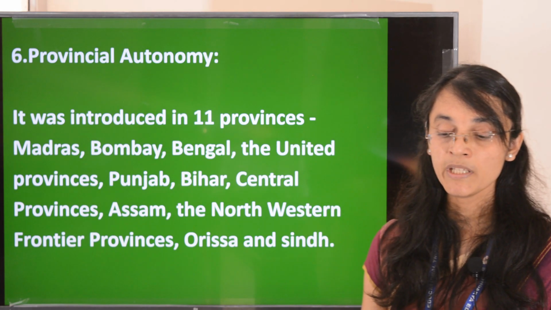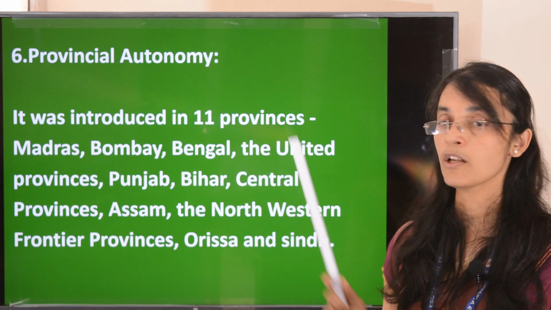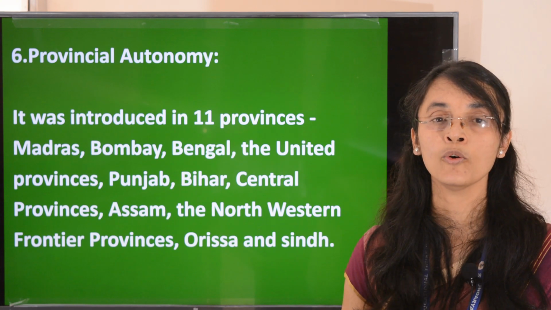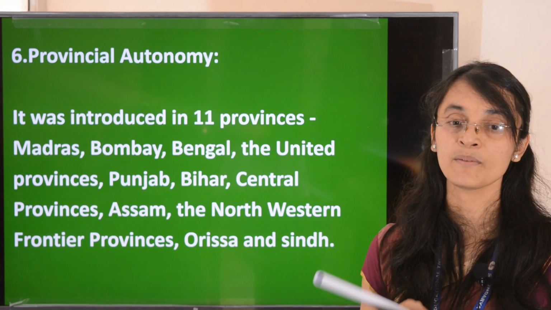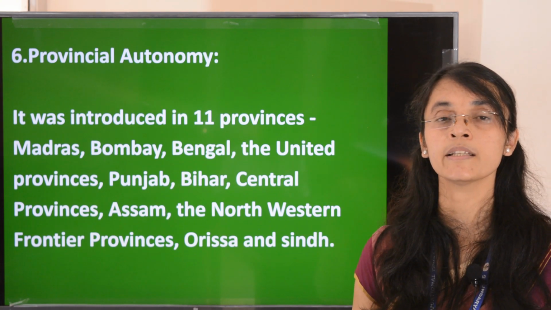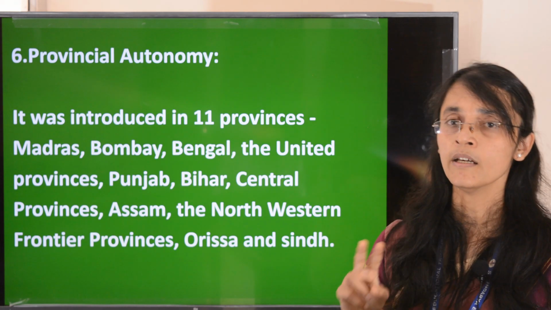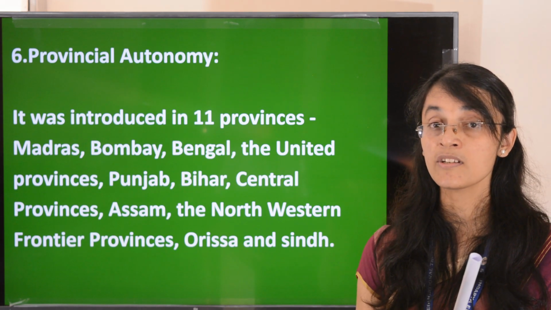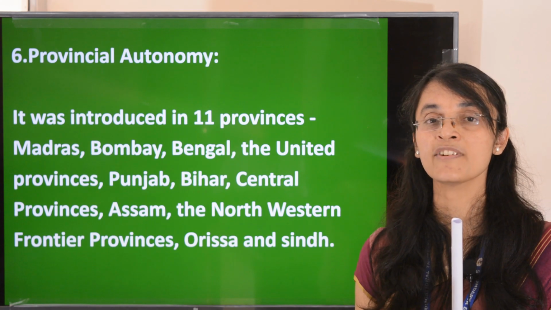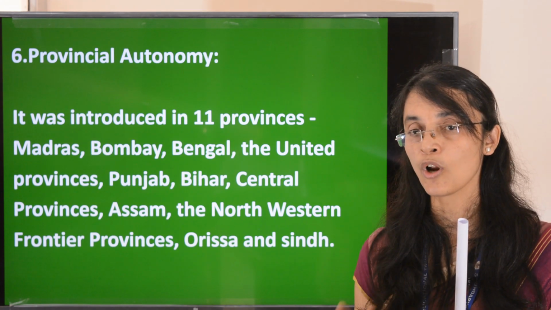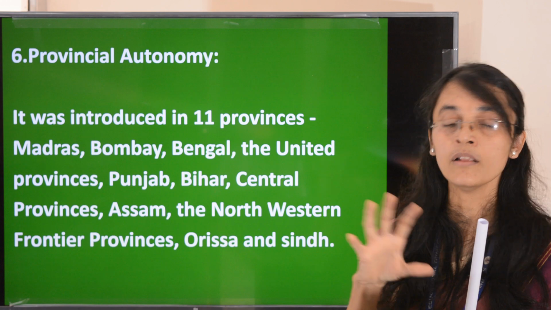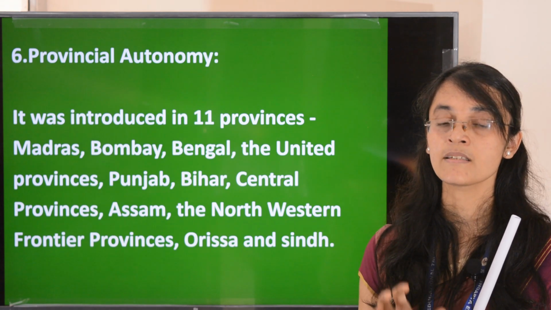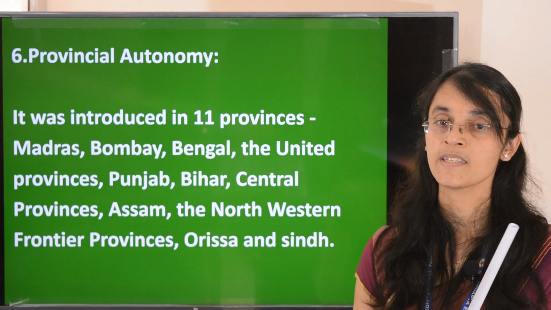Here, the administration of provincial autonomy was looked after by whom here? By the ministers. That means the administration was under the control of ministers. Here, the difference between reserved subjects and transferred subjects was completely dropped, and all subjects were placed under the charge of ministers.